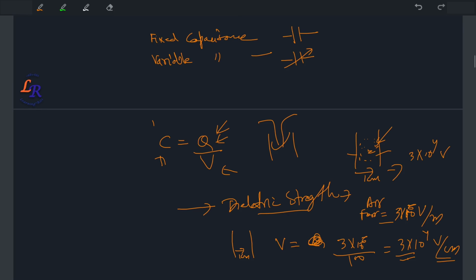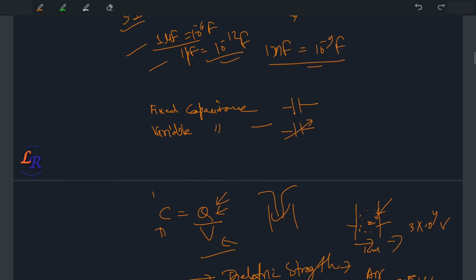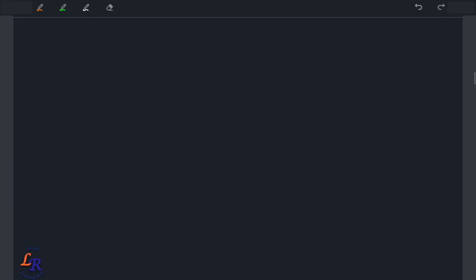So this is about the capacitor and capacitance, how to calculate it, and the unit conversions for the different orders of units of the capacitor. The important learning to take from here is that capacitance is defined as the charge stored between two conductors with a given dielectric medium per unit voltage difference.